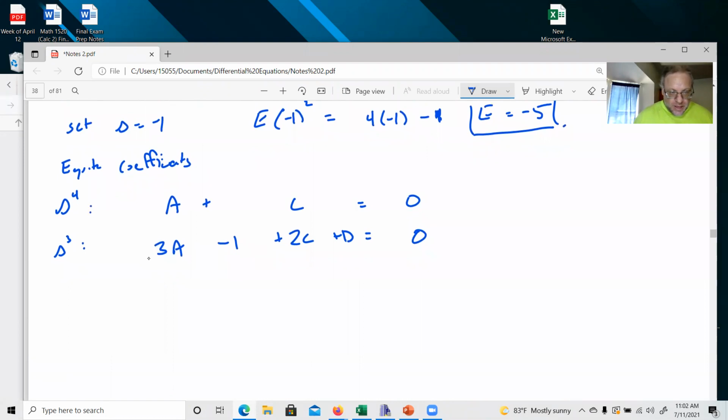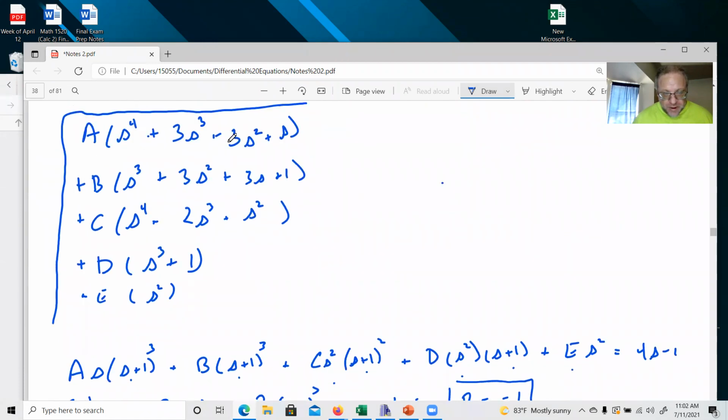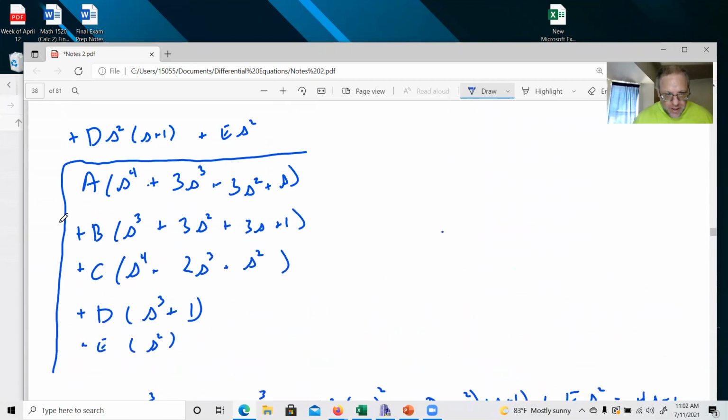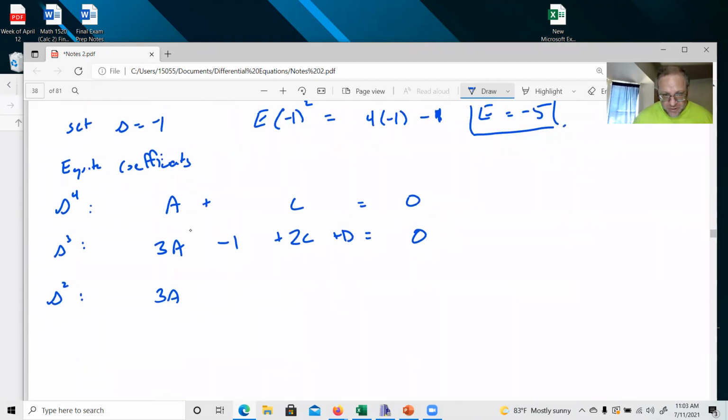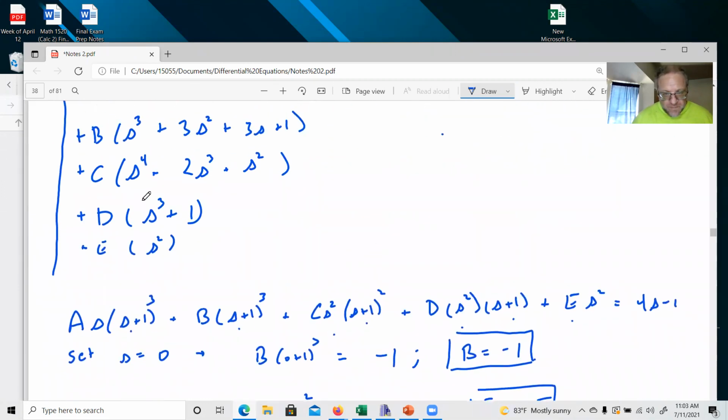Okay, s squared. We have 3 a's. Let's see, we have 3 b's, because that's squared. So we have 3 b's. b was -1, remember? We are on s squared, so we have a plus c.